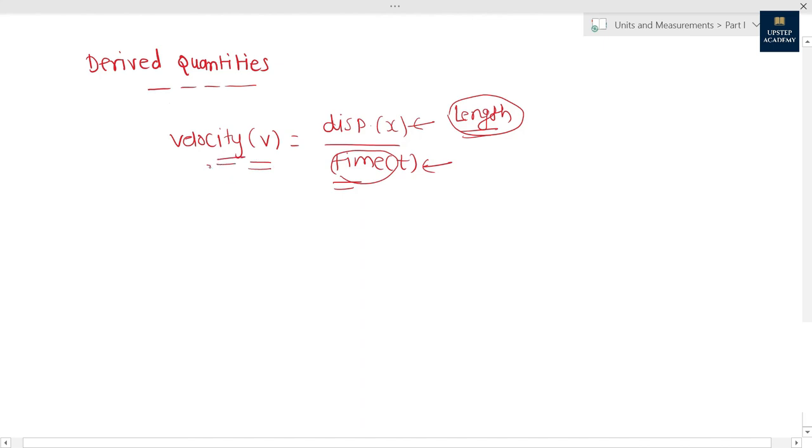It means velocity is the one physical quantity which is dependent on these two physical quantities. That is why velocity is a derived physical quantity. Similarly, there are a lot of derived physical quantities, like force, pressure, volume, area and so on.